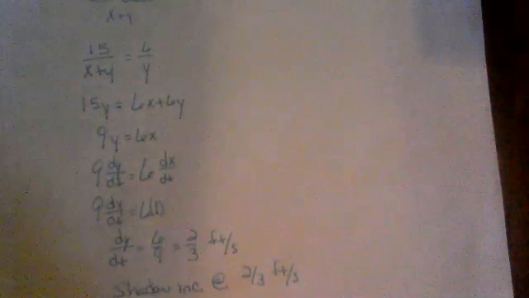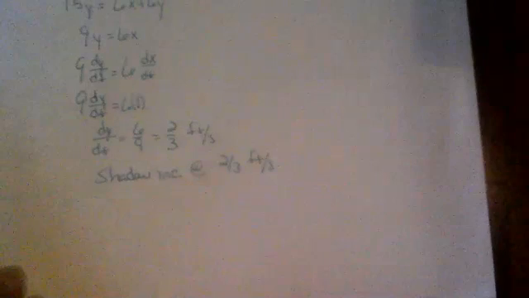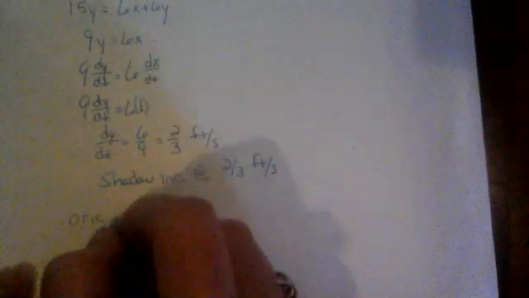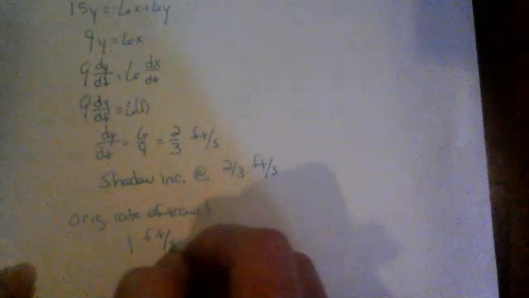But remember they asked a second question, how fast is the far tip traveling? And we said we were going to have to combine the two rates. So his original rate of travel was 1 foot per second.